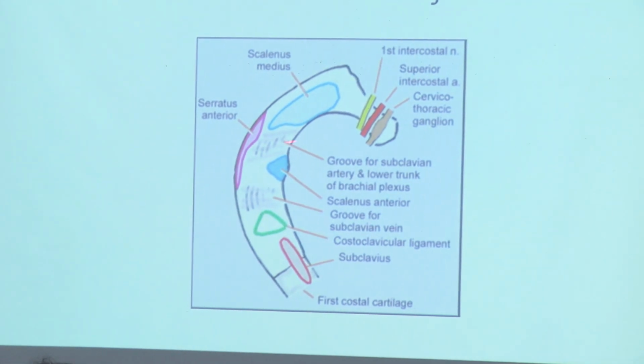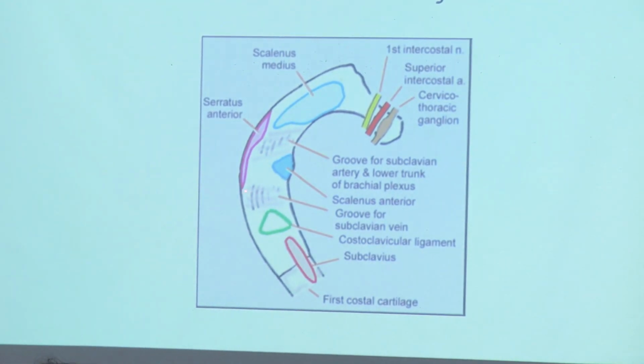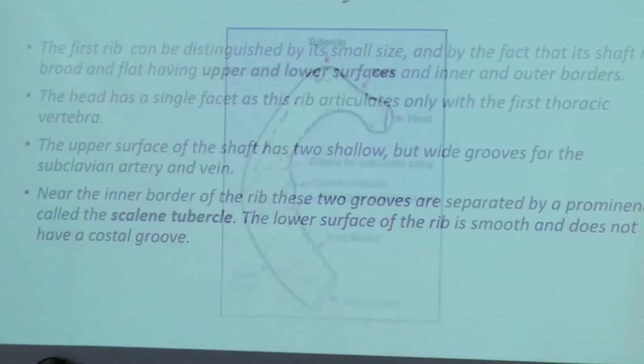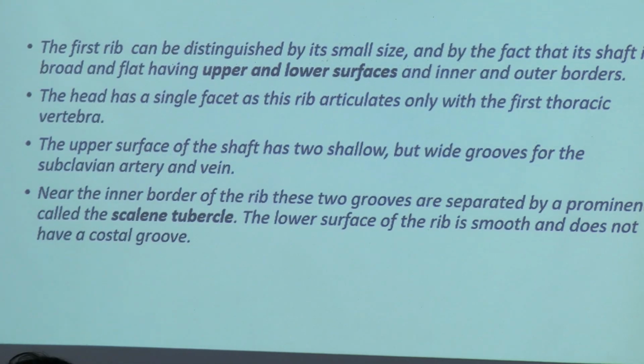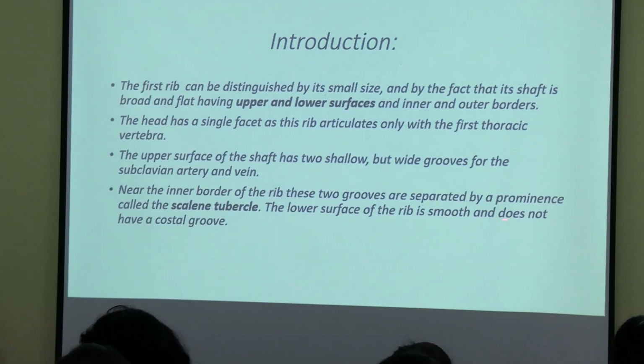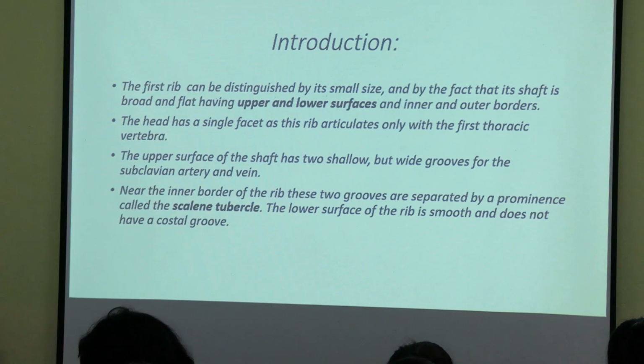This one is the groove for the subclavian artery, this one is the groove for the subclavian vein, and between them is the scalene tubercle, the muscle related being scalenus anterior. Near the inner border of the rib, these two grooves are separated by a prominence called the scalene tubercle.